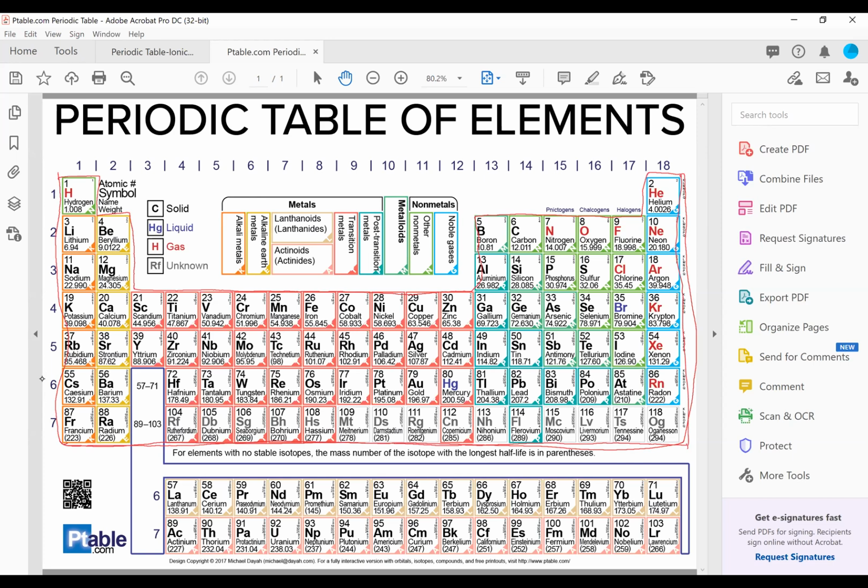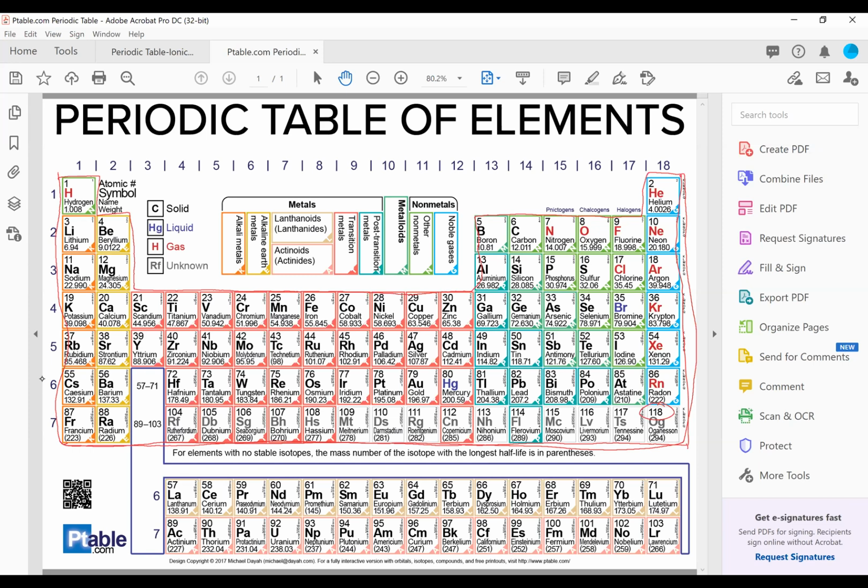Just for your knowledge, keep in mind that there are a total of 118 elements that we know of as of now. The research has been going on, and if we find a new element, we are just going to keep updating this table. However, at the moment, we know 118 different elements. What are the elements?